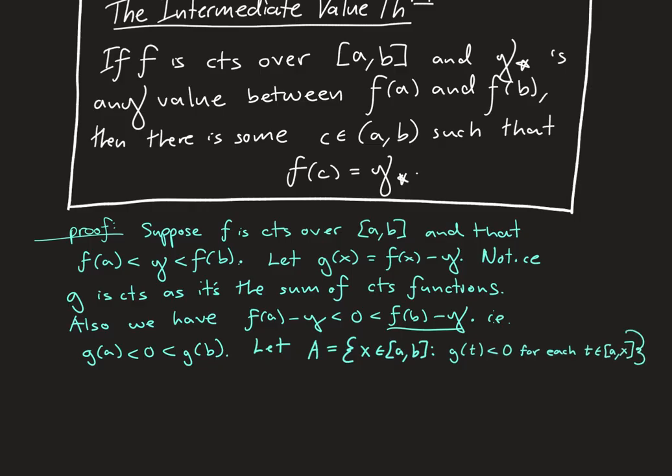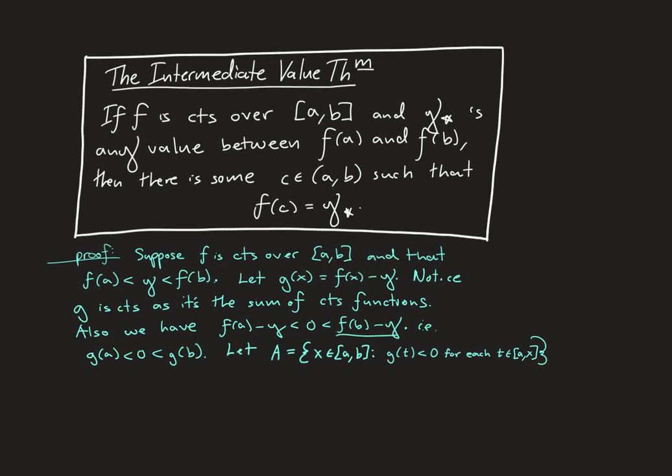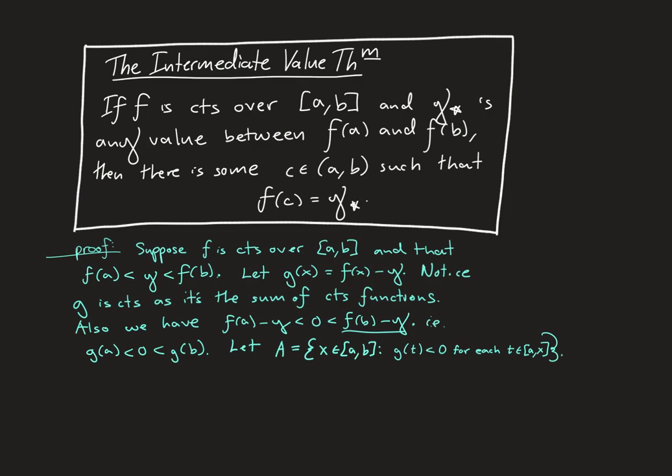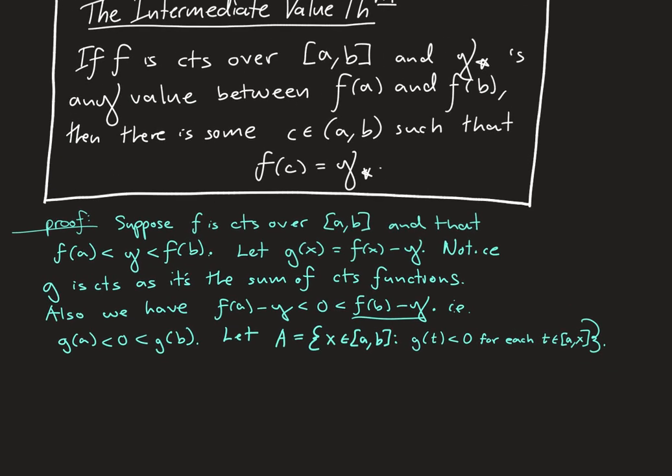Okay. So I'm going to go back to my picture and talk about what this set looks like. This is the set of all elements x such that g of t remains negative from a up to x. So let's look.